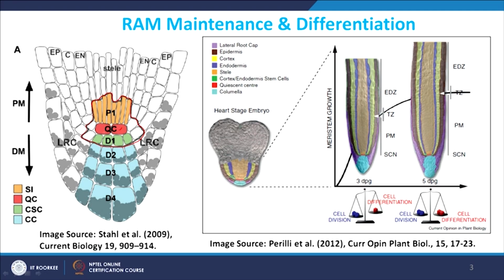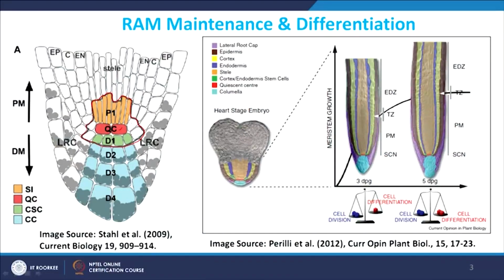But the next step is differentiation. These initial cells, depending on their position, give daughter cells that take different identity after cell division. Let us assume if this is the cell and it divides here, there are two daughter cells.